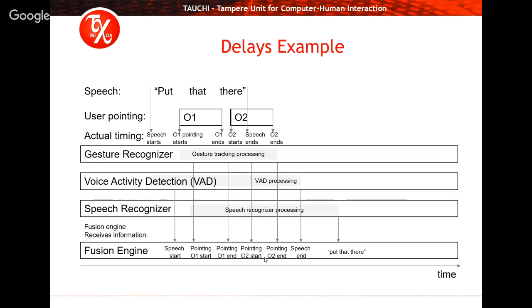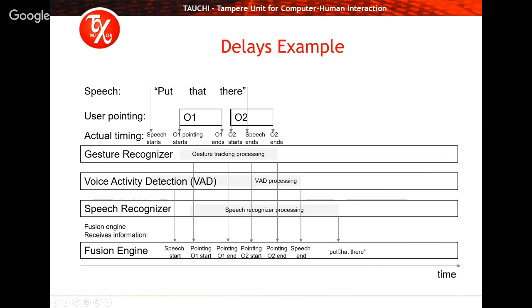Of course, especially if we didn't have the voice activity detector and were just waiting for this information, then it might not know that there is no speech coming. Then how long would you wait for the speech input to come before deciding that there was no speech? And especially if the user's pointing could also be some sort of gesture which has meaning without speech, then you would be able to react to that only after you know that there is no speech coming.